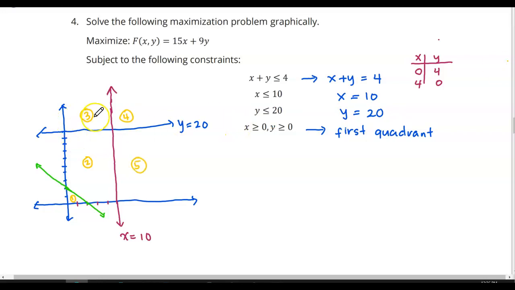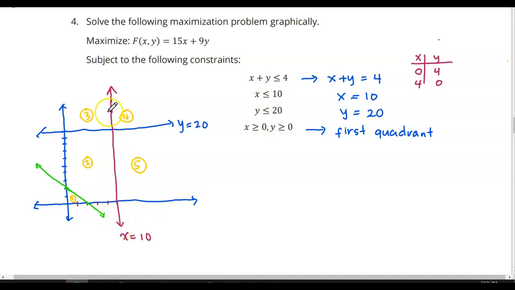These are all the different possible feasible regions. So our next goal is to identify which of these 5 regions is the feasible region. We'll do that by getting a representative point. Now this one is a little bit easier because we have these constraints here which we could easily identify. We know that x has to be less than 10.